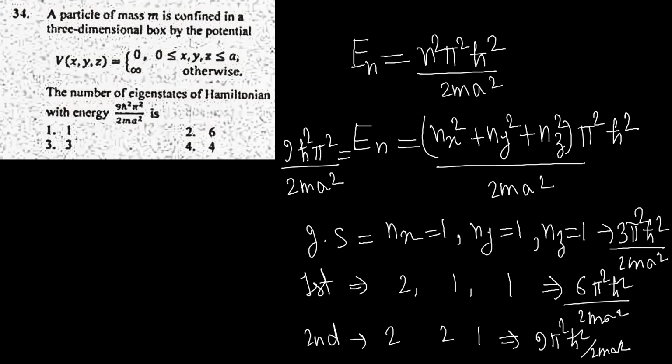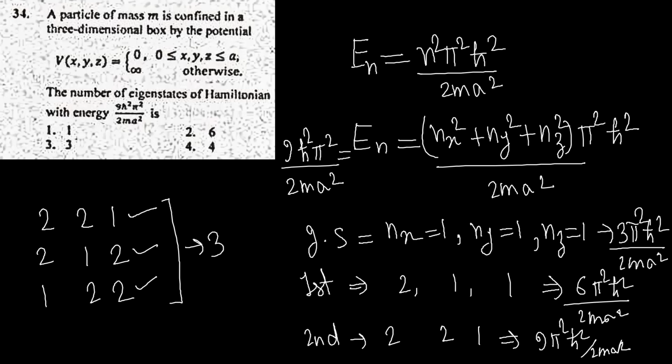And we can write 2 2 1 as 2 2 1, 2 1 2, and 1 2 2, meaning nx, ny, and nz. In the first, nx will be 2, ny will be 2, and nz will be 1. In the second, nx will be 2, ny will be 1, and nz will be 2. Similarly in the third one. So these are the three possible values for which the energy will be 9 pi square h cross square upon 2ma square.